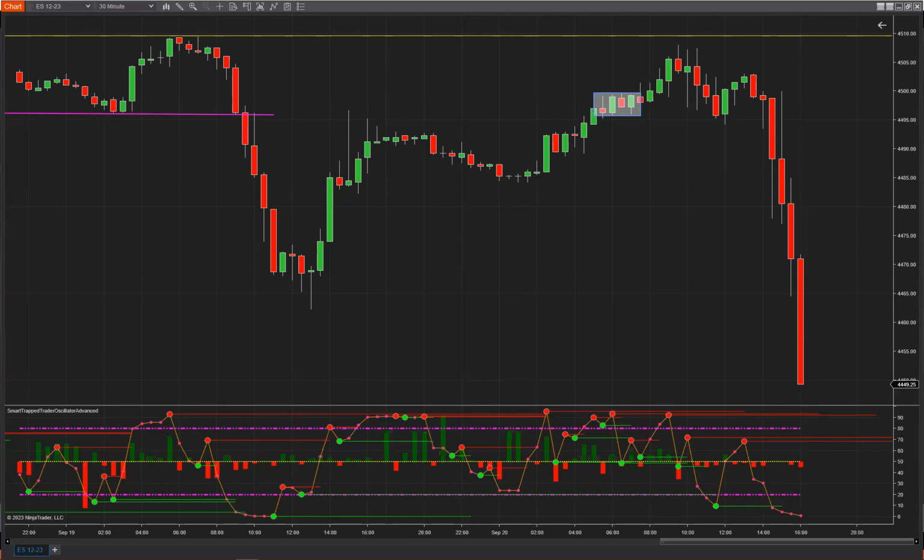Then I got another one coming down, and then I can go over another 1, 2, 3, 4, 5, 6, 7, 8 bars, actually 9 bars, before I pick up another one. And so that entire range from the high to the low, if you ask what's the minimum number of time-based bars that made that entire range, the answer is 4.